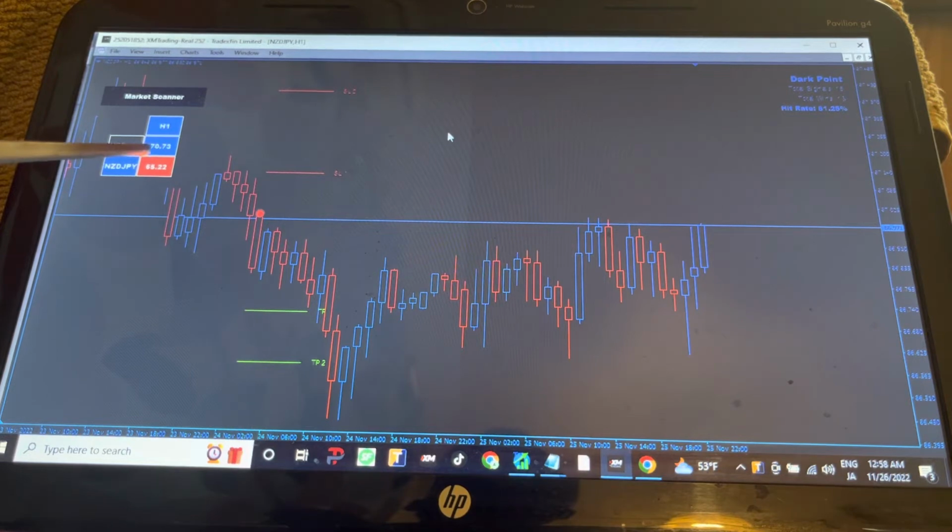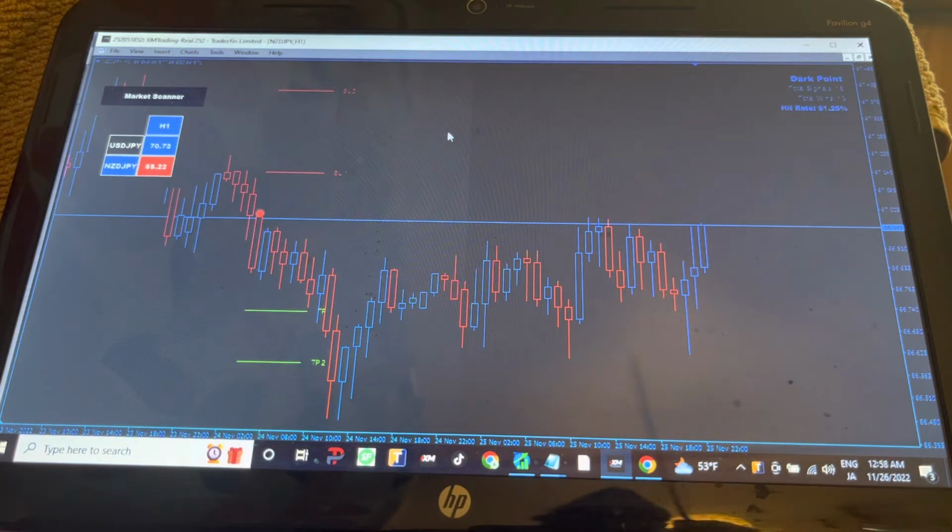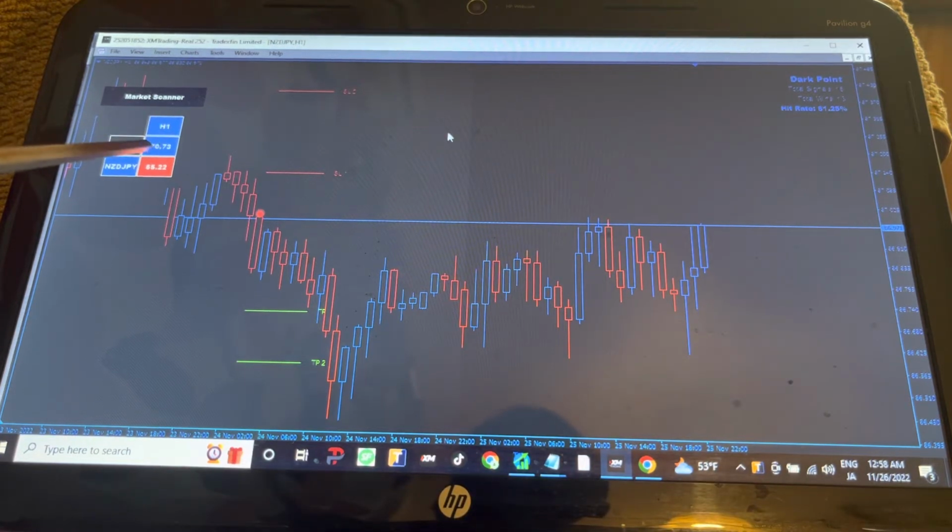As you can see, I'm touching it with my stick. The NZD JPY is going to pick up that move, and the NZD JPY will follow.